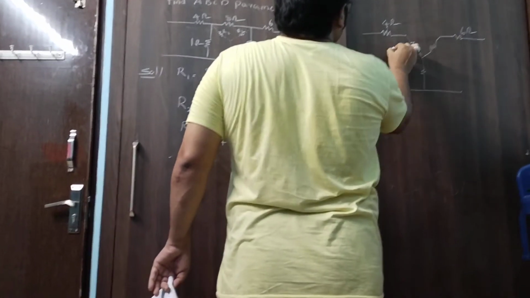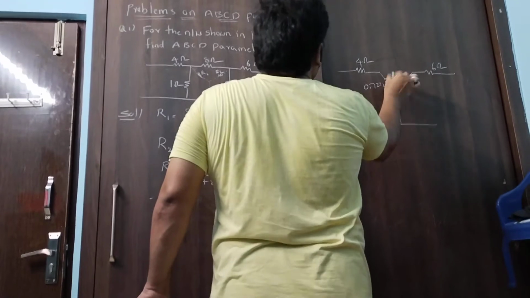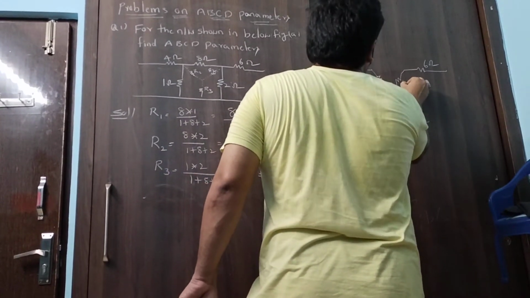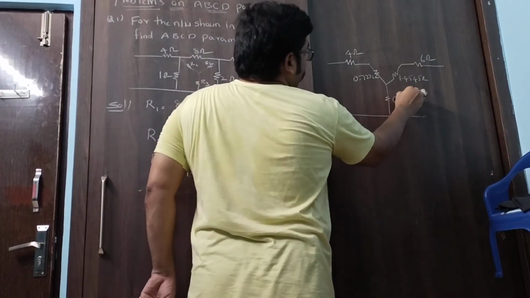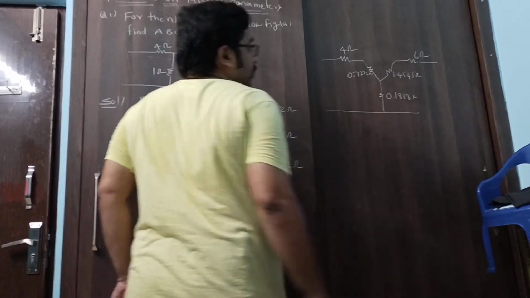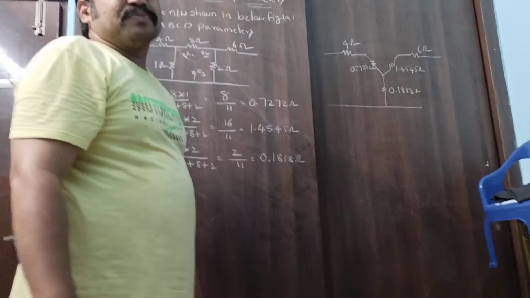R1 is 0.7272 ohms, R2 is 1.4545 ohms, and R3 is 0.1818 ohm.